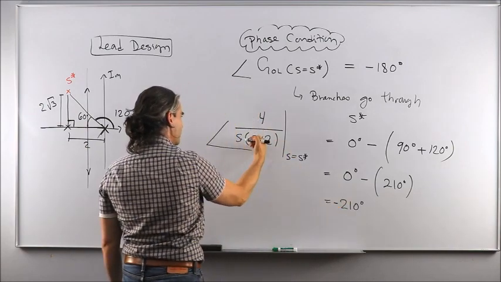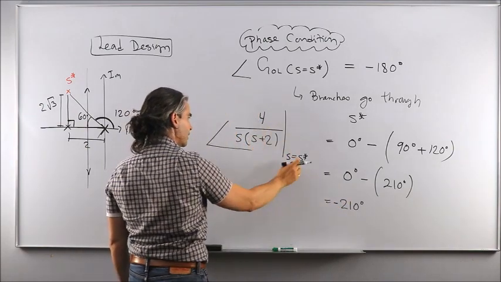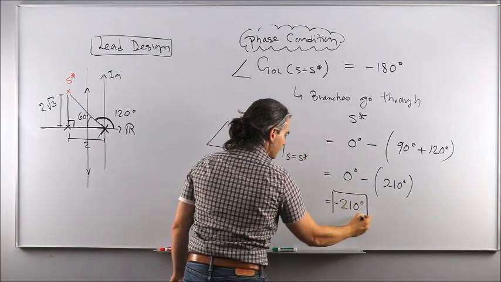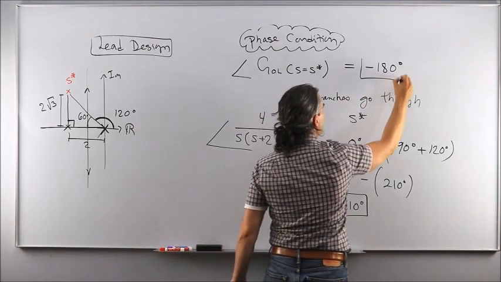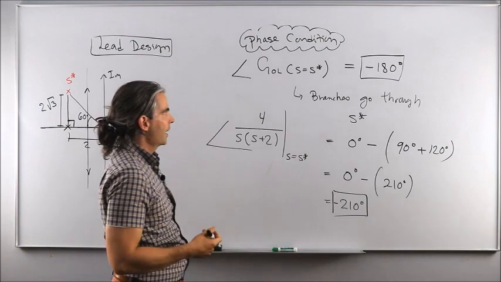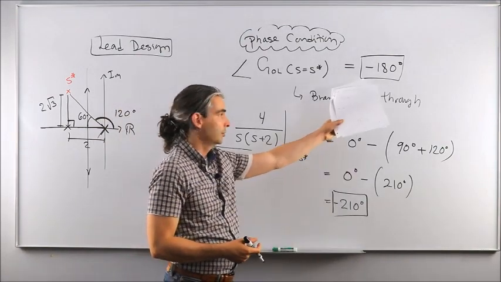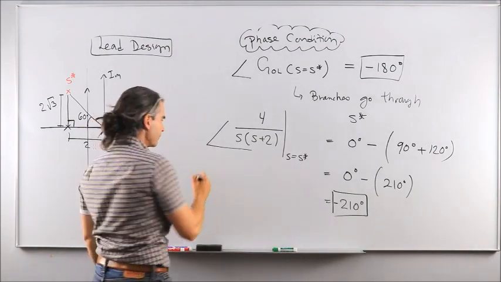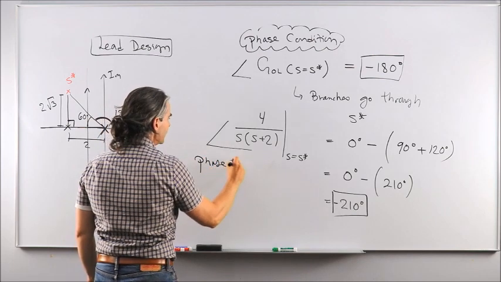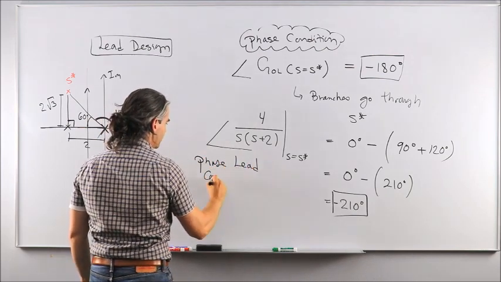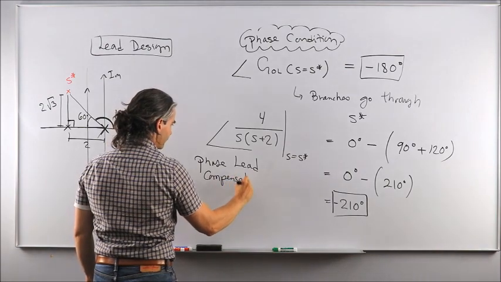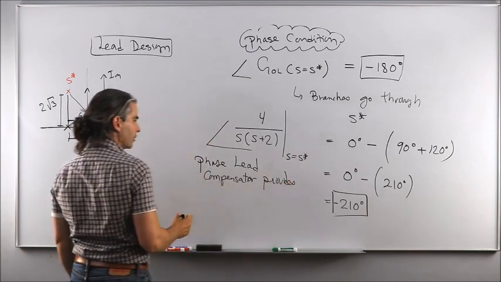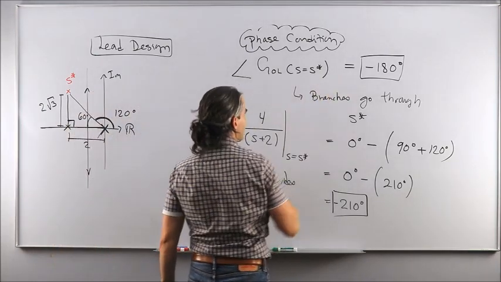So we have calculated the current phase of the open loop transfer function at the desired pole location, and we know that this phase is this, but we needed to have that. So to bridge the gap between where we are and where we need to be in terms of phase is where the phase lead compensator comes from, because the lead compensator provides additional phase to ensure that you end up satisfying the phase condition.